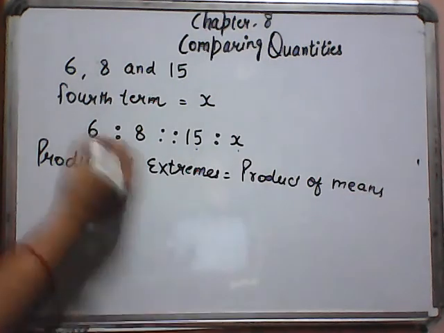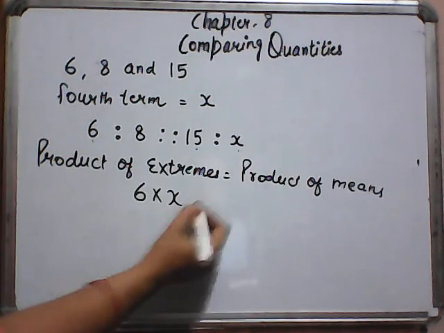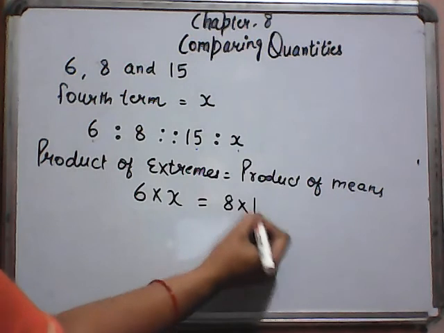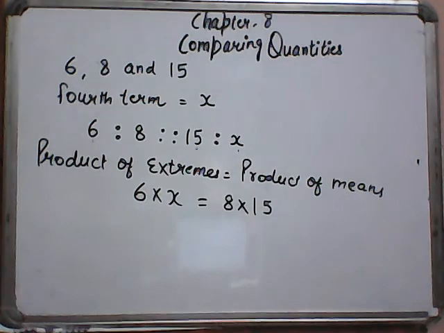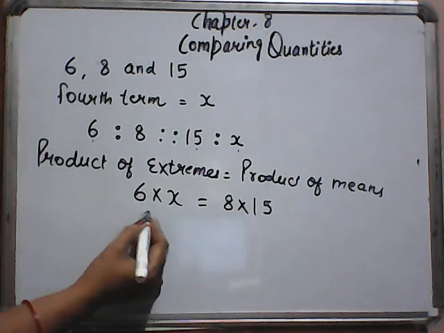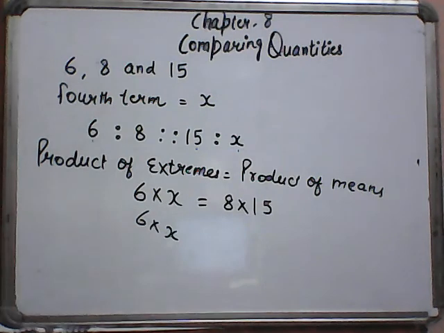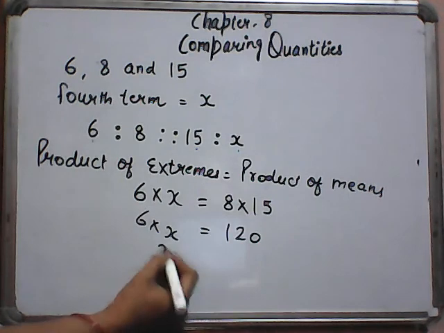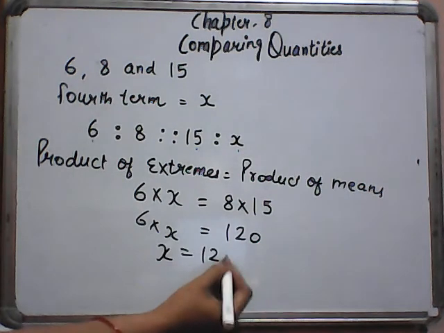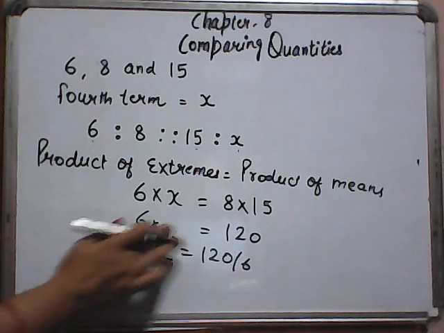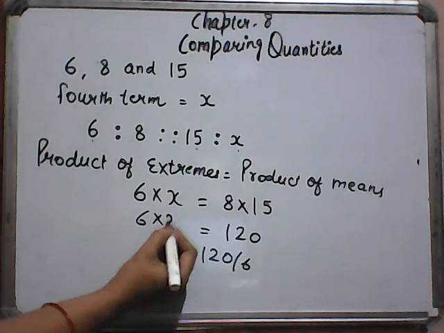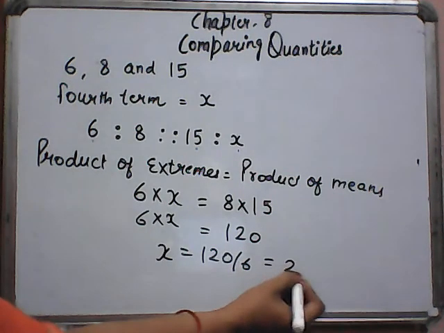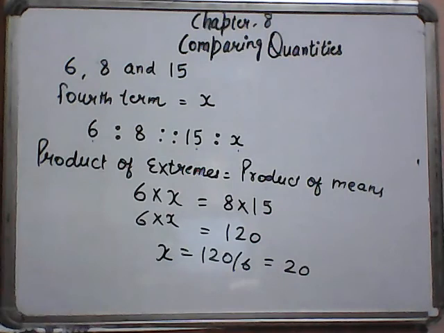Here extremes are 6 and x and the means are 8 and 15. 6 multiplied by x equals 15 multiplied by 8, which is 120. So we can find out the value of x. x is equal to 120 divided by 6. It is equal to 20. So the fourth term of the proportion is 20.